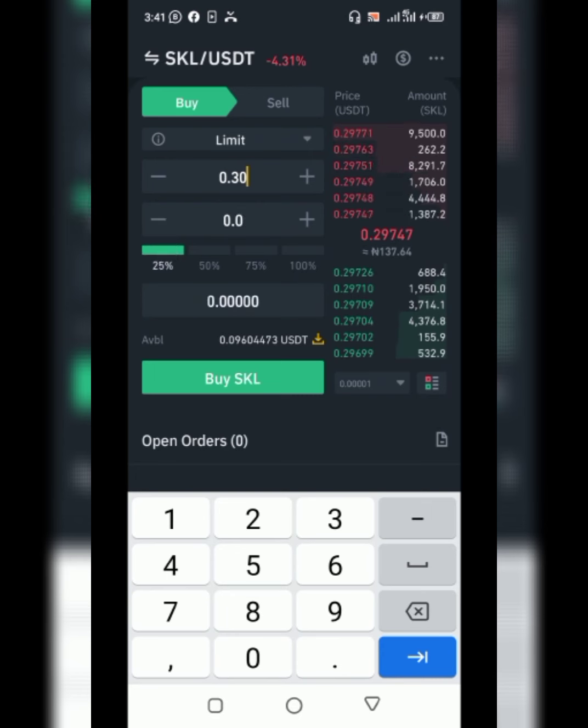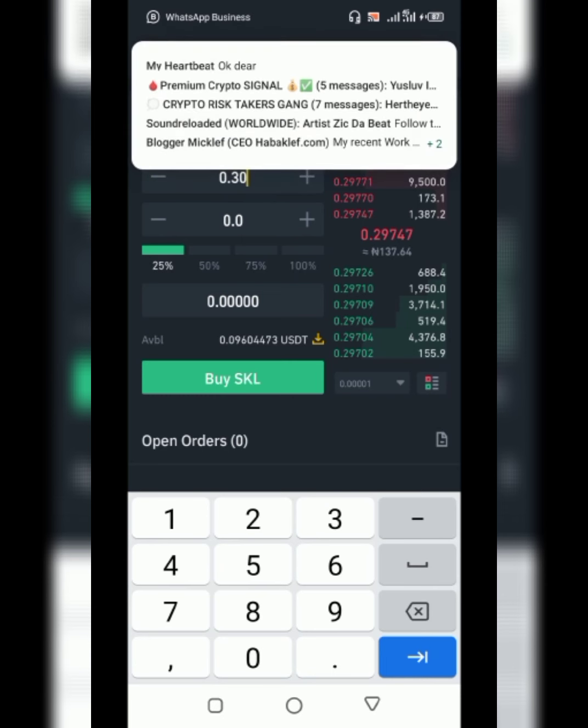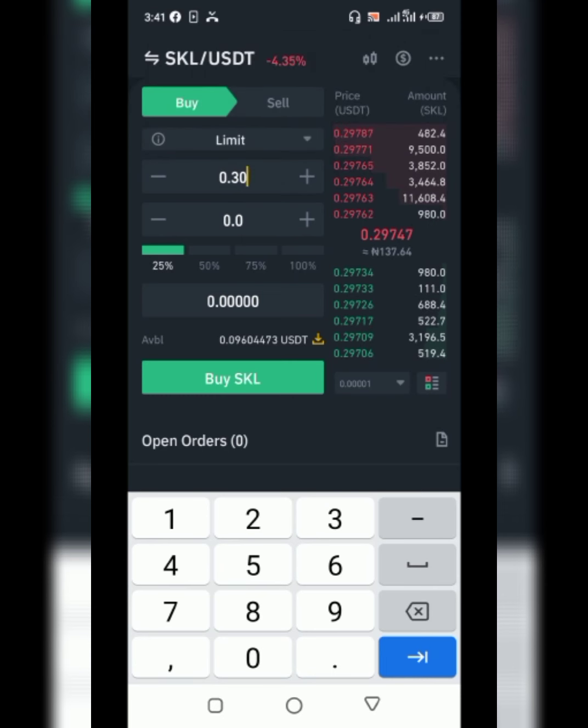So if you select 25%, it is showing 0.0 because I don't have any trading fee. As you know, man must chop. I don't have trading fee, only signal money I pay to help my career. Had it been I have, it could have shown how much SKL I will buy with 25% of my USDT in my wallet, but I have 0.0.